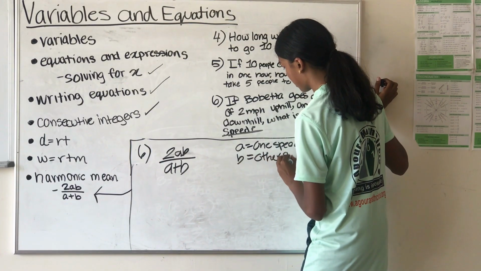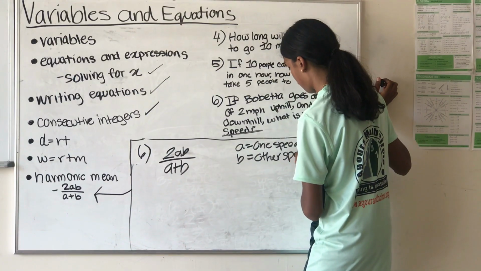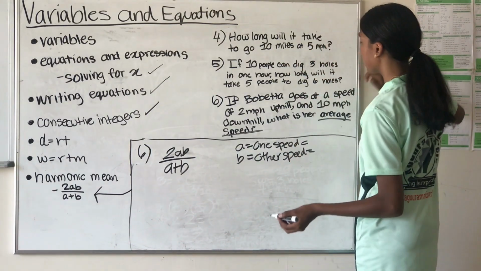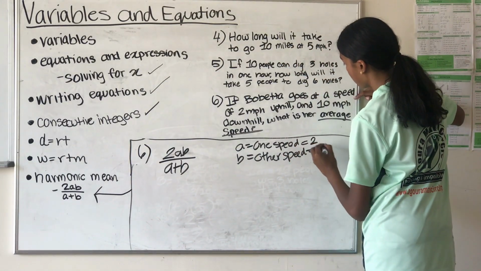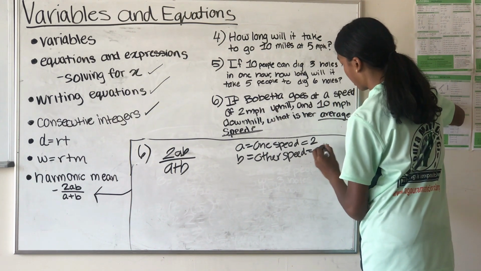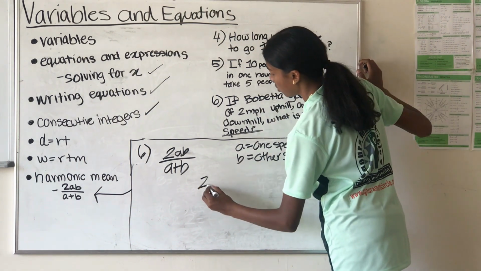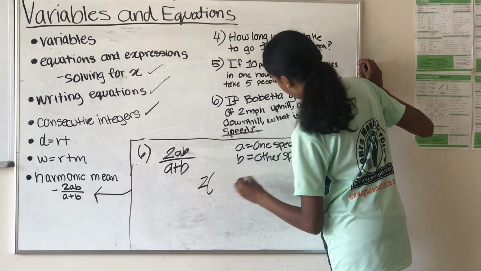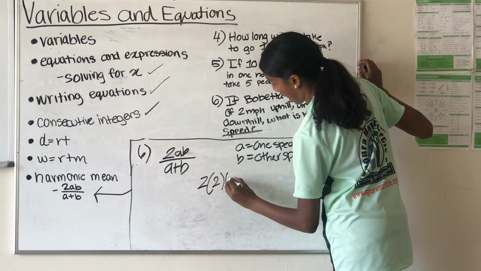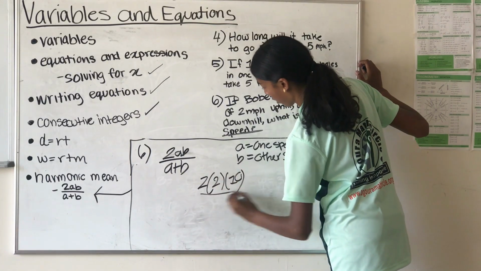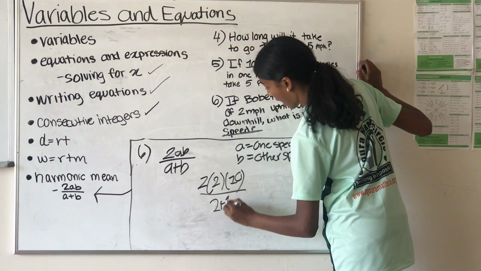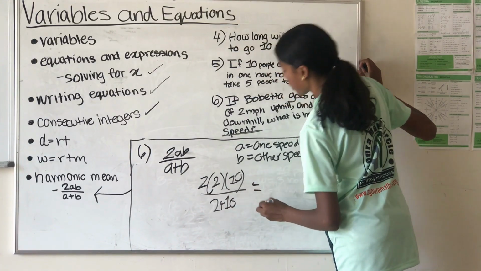So let's say that A is going to be, let's have A equal 2 and B equal 10. Plugging it in, we get 2 times 2 times 10 over 2 plus 10, which simplifies.